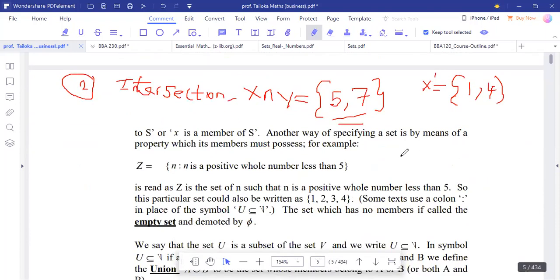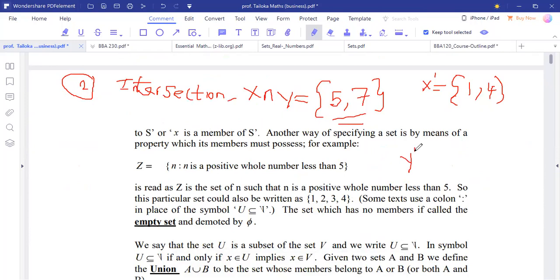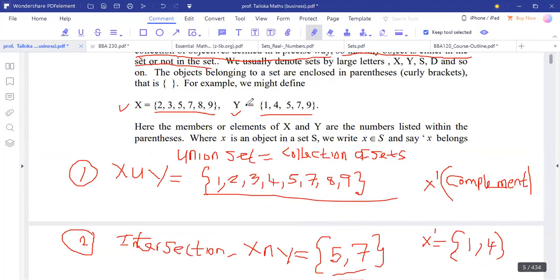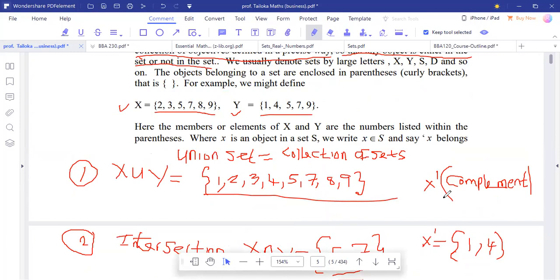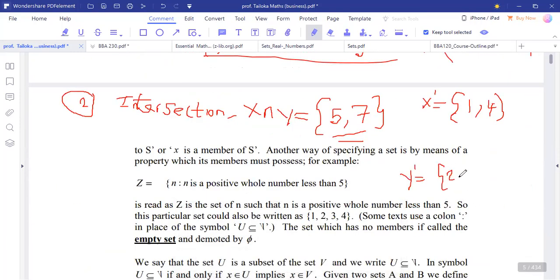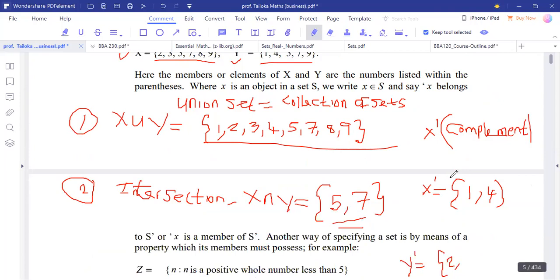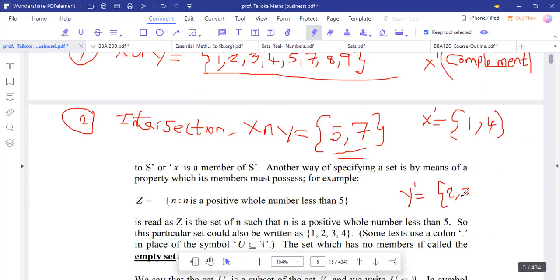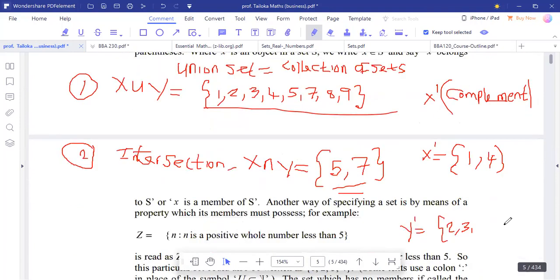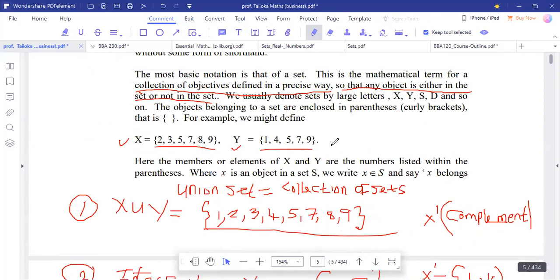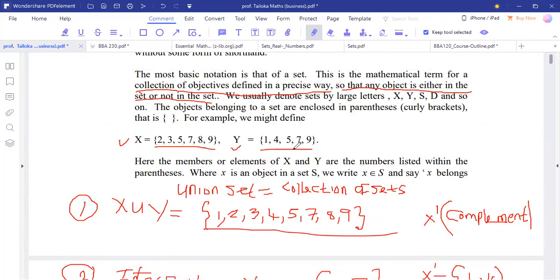Similarly, when we find the Y complement, we check what is not found in Y. 2 is not found in Y, 3 is not found in Y, and 8 is not found in Y. So what is not found in Y is 2, 3, and 8.